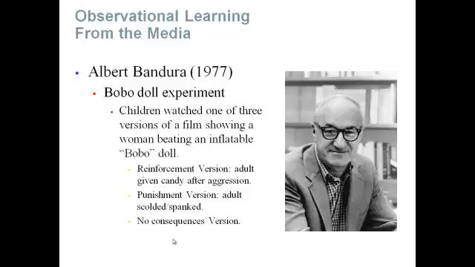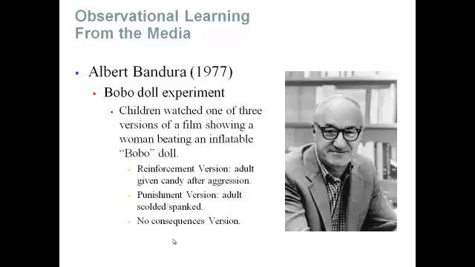What Bandura did is he had children put into 3 different conditions to observe the film, and then put into a room where the Bobo doll is there, as well as some other toys. Well, there is evidence that in all 3 conditions, the child did learn the behavior. They learned through observation.